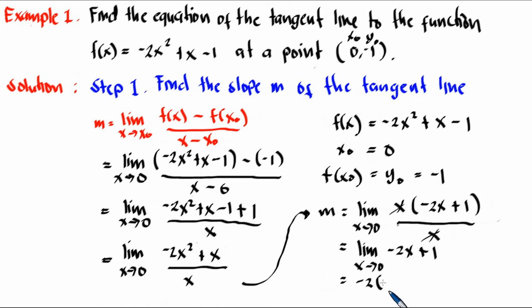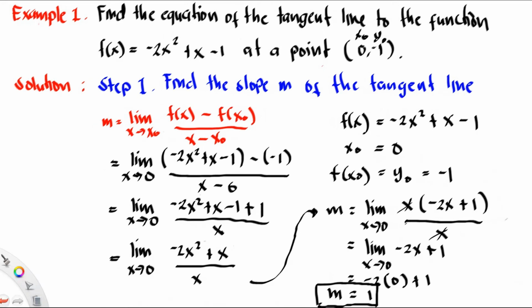That is negative 2 times 0 plus 1. So that gives us the value of m, the slope, which is equal to 1. This is now the slope of the tangent line.